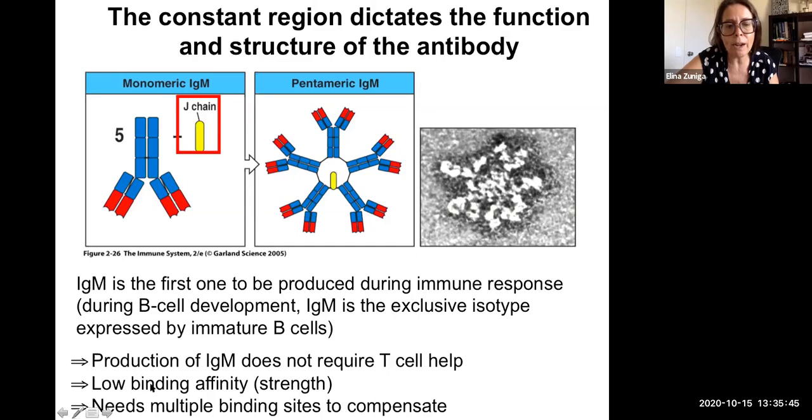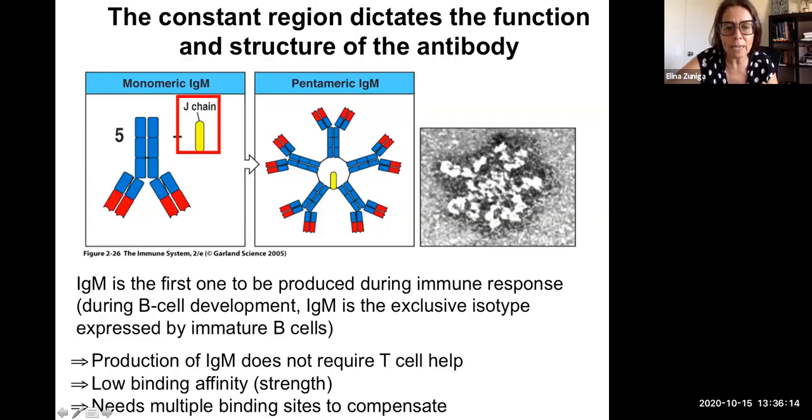It also has low binding affinity, and we will learn later why that makes sense. And what is the affinity? It is the strength with which the antibody binds to its specific antigen. Each IgM molecule will have lower affinity.